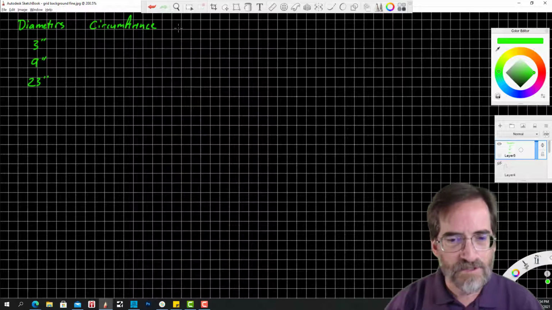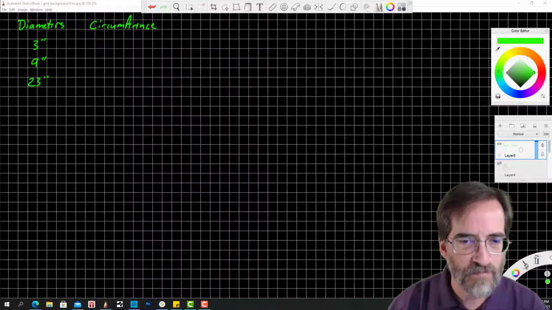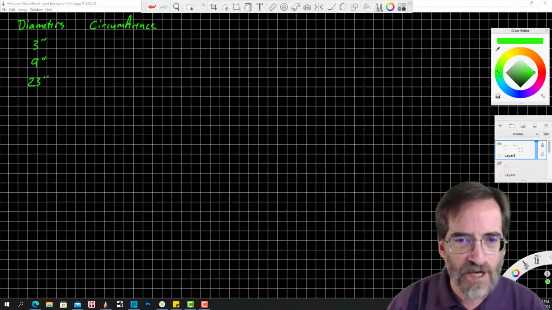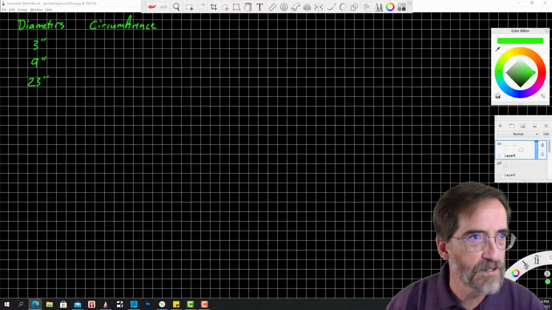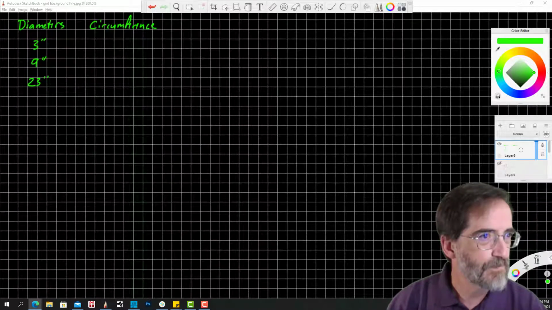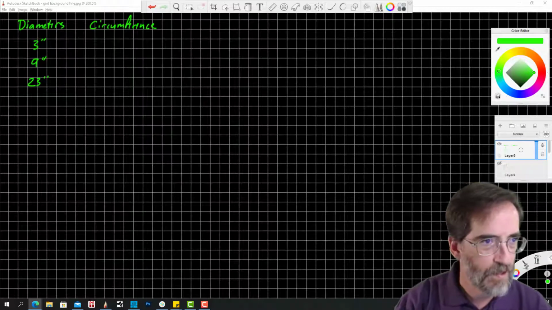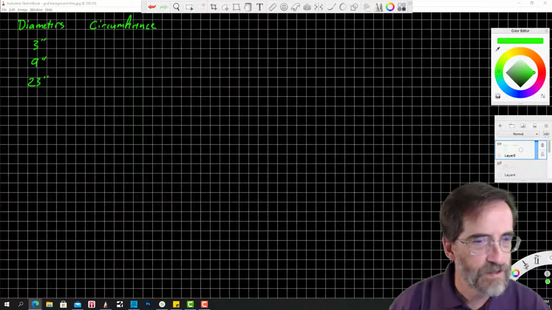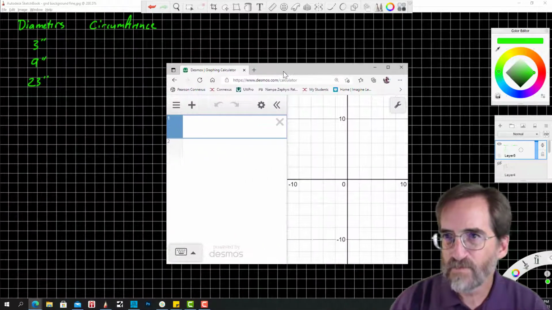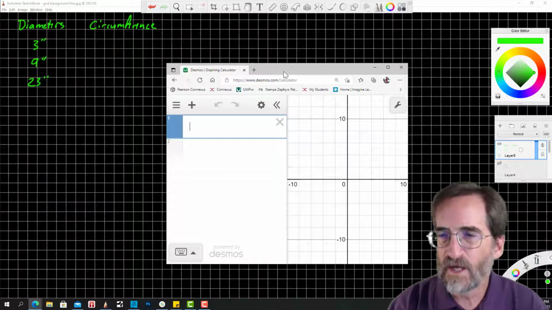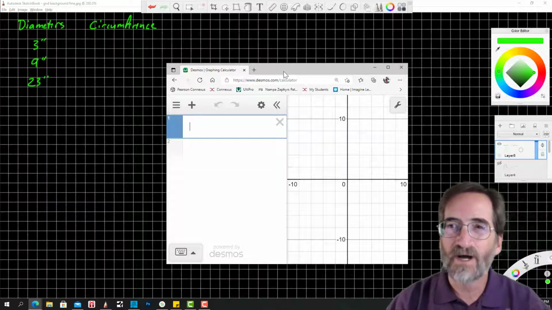Okay, I'm going to use Desmos, so let me pull up Desmos.com/calculator. Okay, so here we go. The circumference is pi times the diameter.